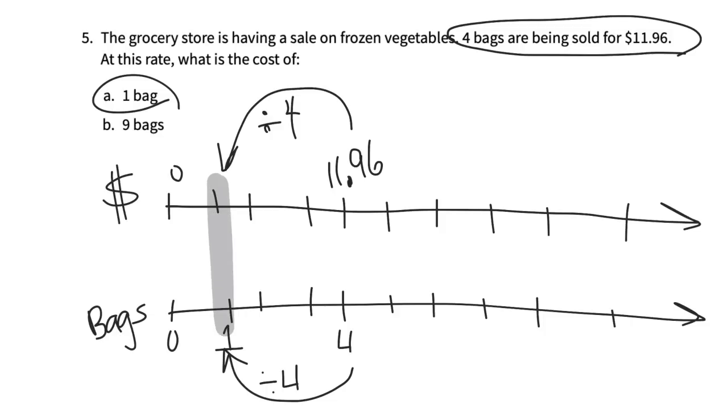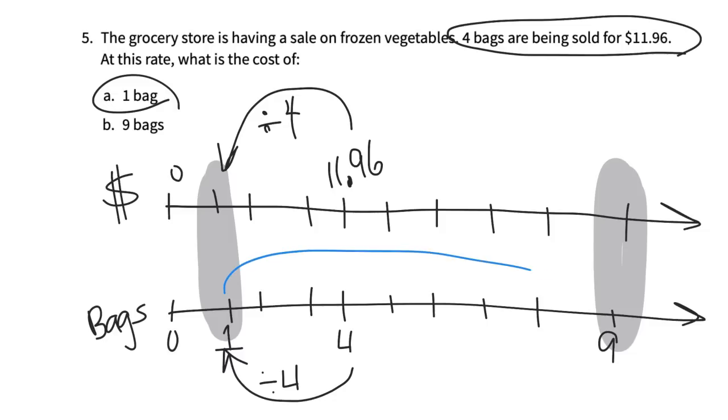And once we know the cost of 1 bag, it's really easy to figure out the cost of 9 bags, because all we have to do is take that 1 and multiply by 9. So we're going to take our cost and multiply by 9, and that's how we're going to get the cost of 9 bags.